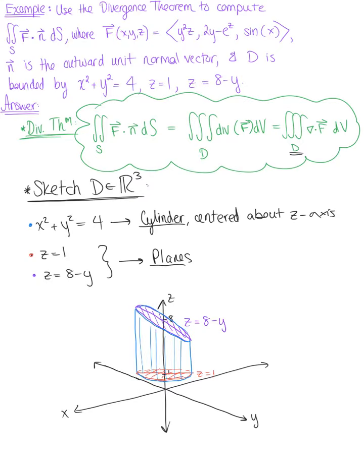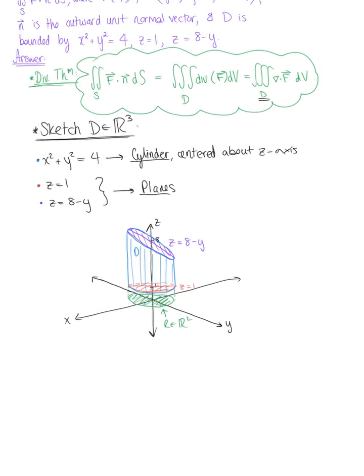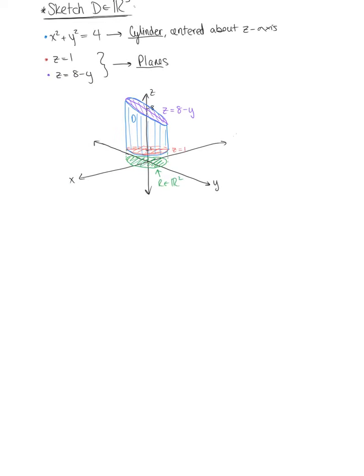Now we can really appreciate our 3-dimensional region D, and we can even think about the projection, or the shadow, that it's casting into R2. This green region here, below that, is our 2-dimensional region R. We want to use this sketch now to define the bounds on D. Just looking at this graph, z is going to be greater than or equal to 1, less than or equal to 8 minus y.